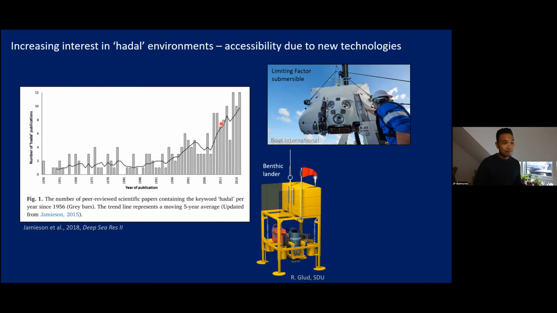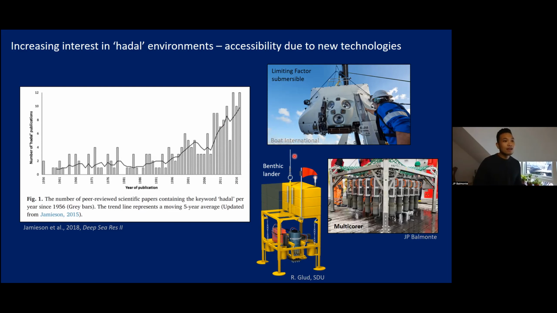One of them is a benthic lander that can be deployed, be separated from a line right here, and it can take various measurements. I'll be presenting some work that's been carried out using benthic landers, as well as multi-core. This is something that's attached to the winch of the ship, but it brings back these gorgeous sediment cores all the way down to also 10,000 meters of sediment.